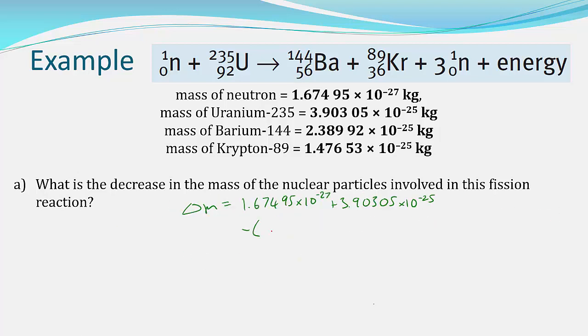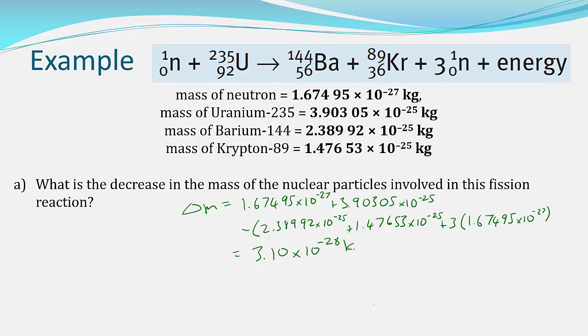The mass of the products being the mass of the barium, and the mass of the krypton, and the mass of 3 neutrons. If you put that in your calculator, what you should get is 3.10 times 10 to the negative 28 kilograms.